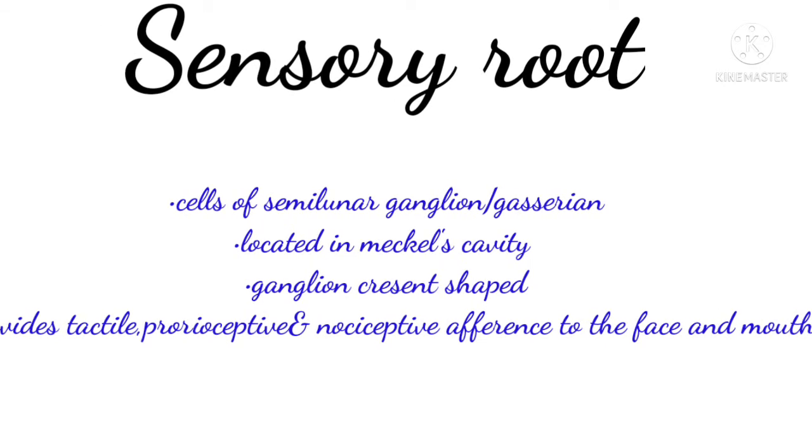Sensory root arises from cells of the semilunar ganglion or Gasserian ganglion, which is located in Meckel's cavity, and its shape is crescent shape. It provides tactile, proprioceptive and nociceptive afferents to the face and the mouth.